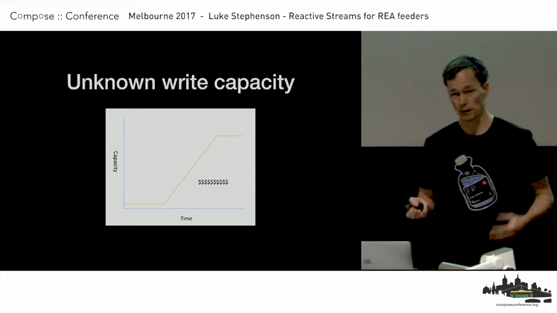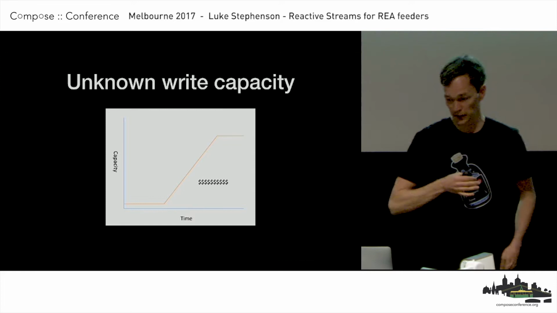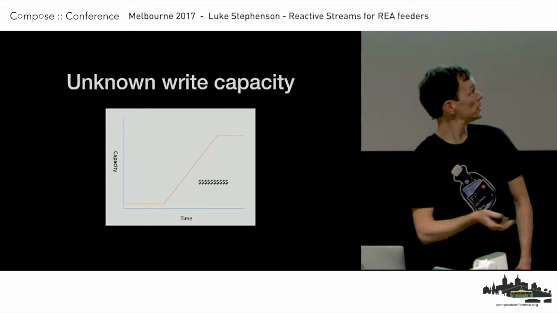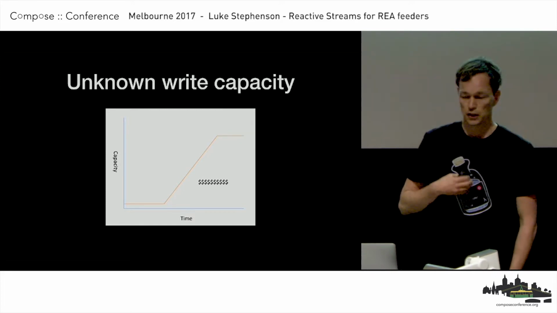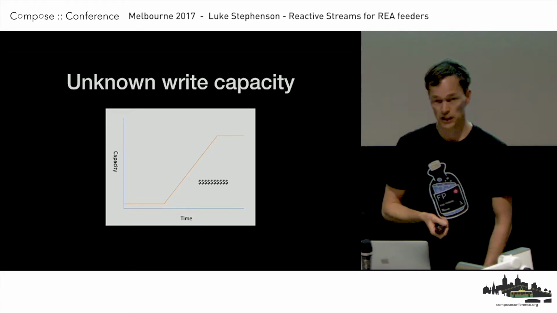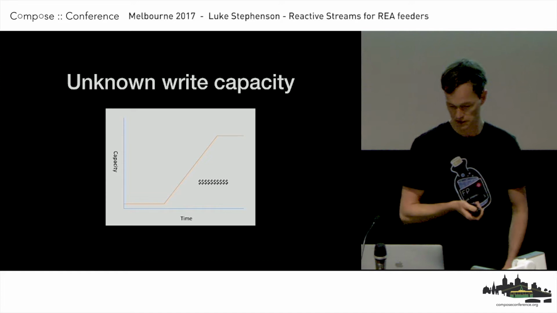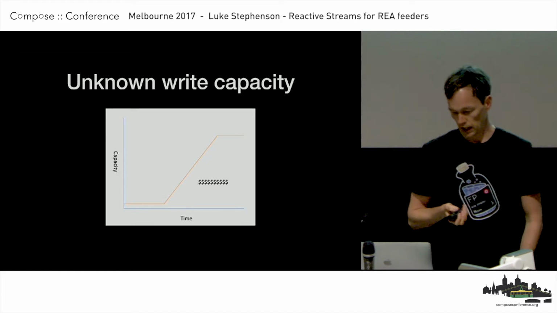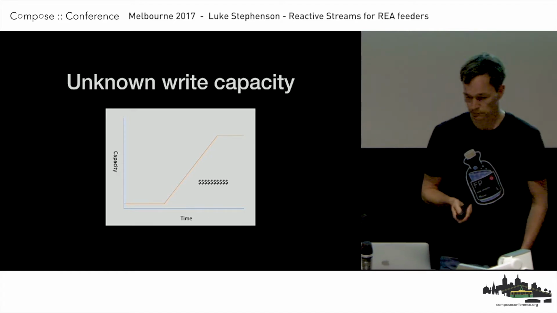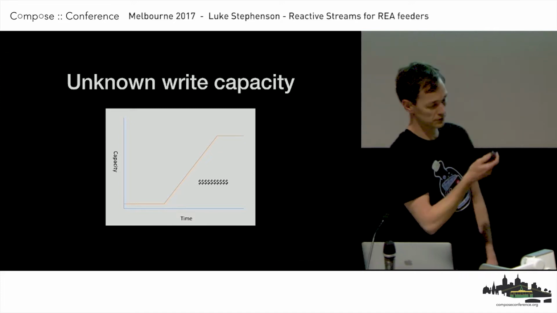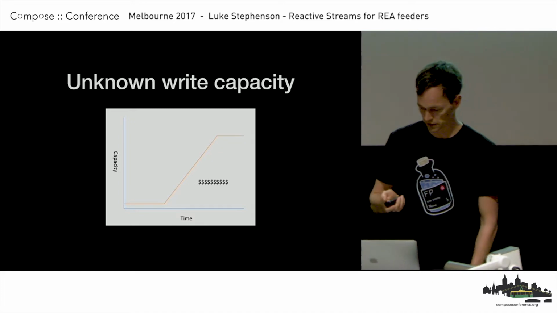So we don't know how much capacity we've got in that intermediate phase. The best strategy we've got is to submit a request to DynamoDB, and if they reject it because we've exceeded our provisioned capacity, then we'll have to retry after a delay. So retries are one of the core problems that we need to solve.